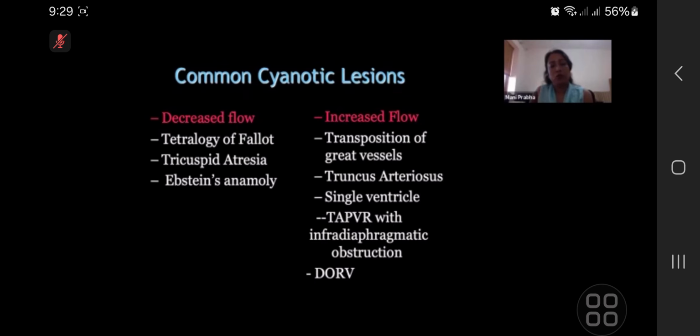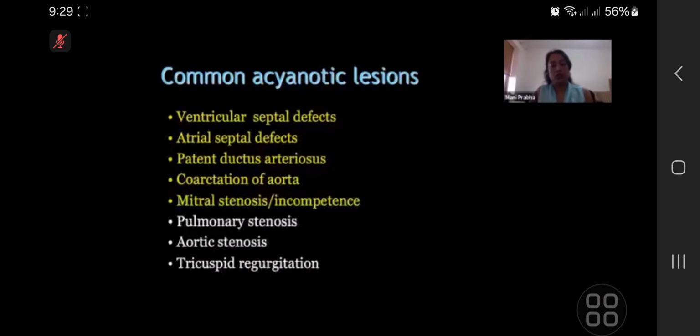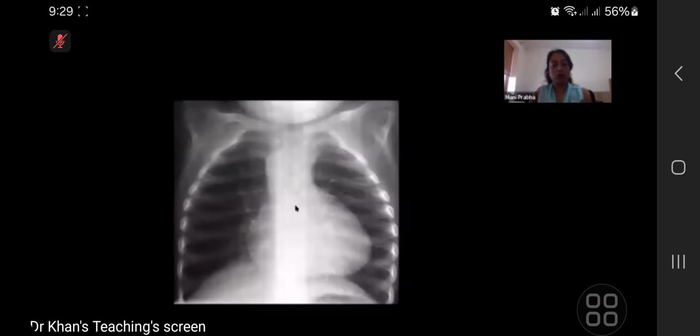With increased flow, it is transposition of great vessels, truncus arteriosus, single ventricle, total anomalous pulmonary venous return with infradiaphragmatic obstruction, and DORV. These are more important from the exam point of view, so if you know the appearances of these, you should be okay. So let's start with our first case.